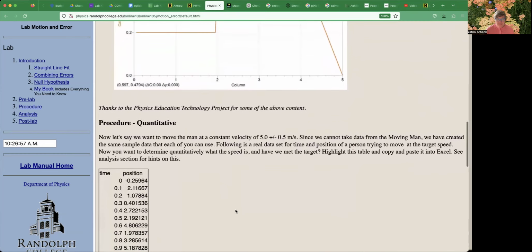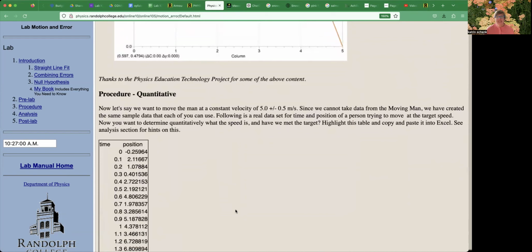Now, the quantitative part of this uses data that we give you. Okay, so everybody will have the same data. So when you fill out the informal lab quiz, you should get what the quiz is asking. So the quiz is actually going to ask you for the numbers, right? Meaning like, what did you get for the velocity, etc., and the 90% confidence interval. And you should be able to get exactly the numbers that the quiz is asking for, because everybody uses the same data.